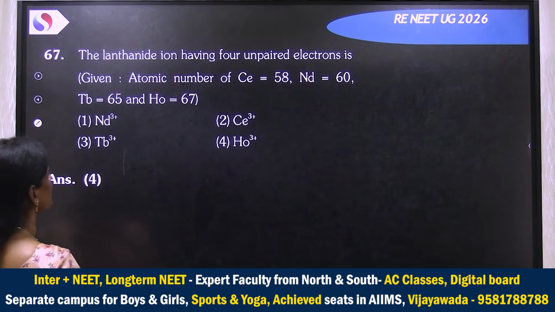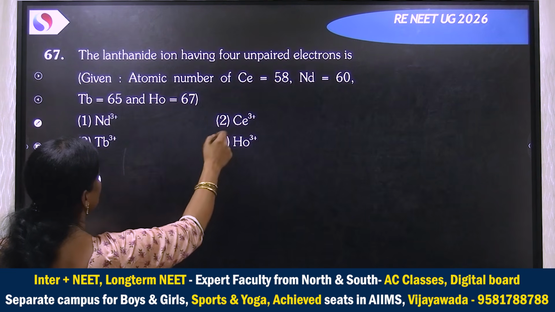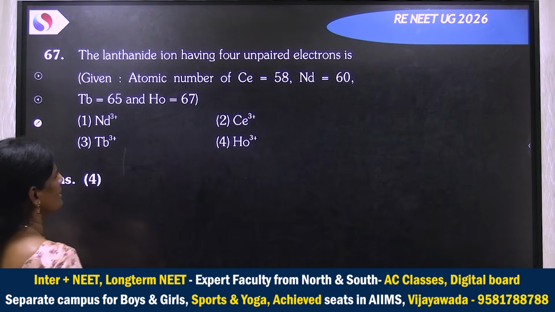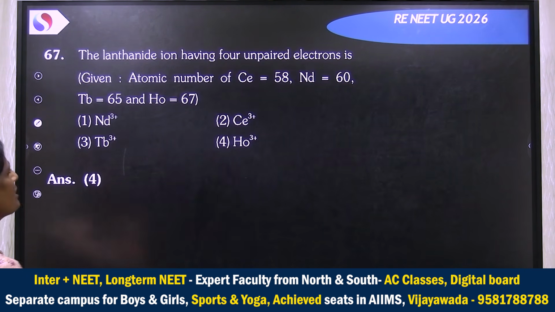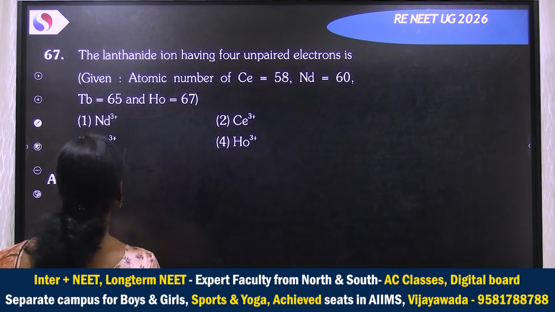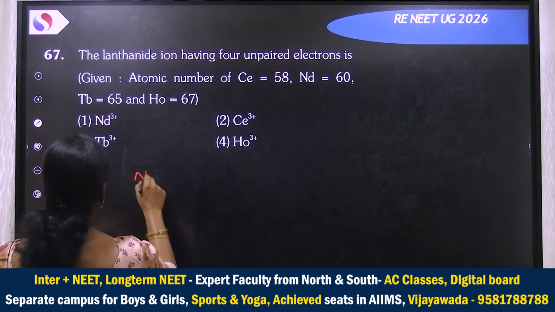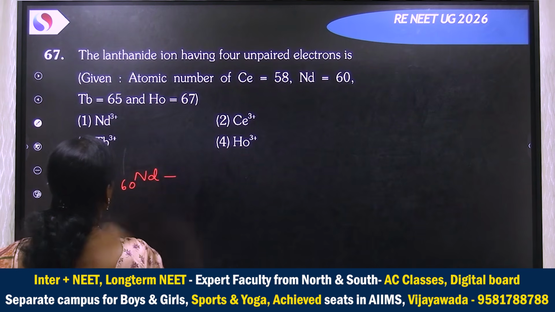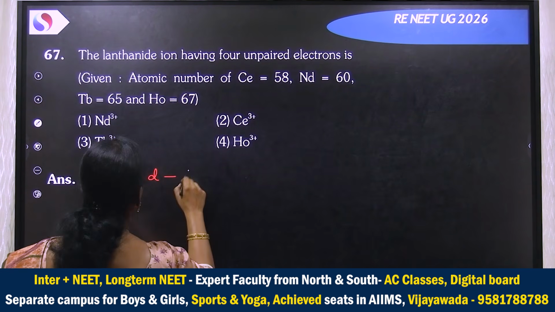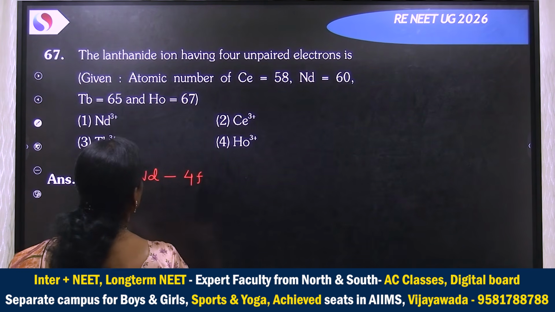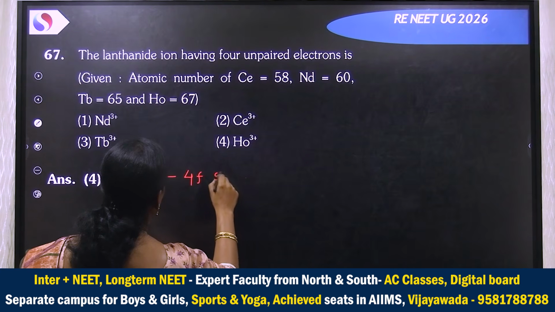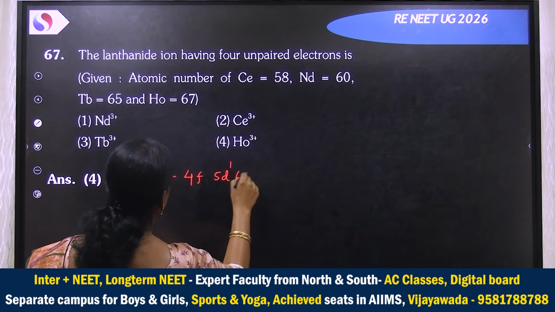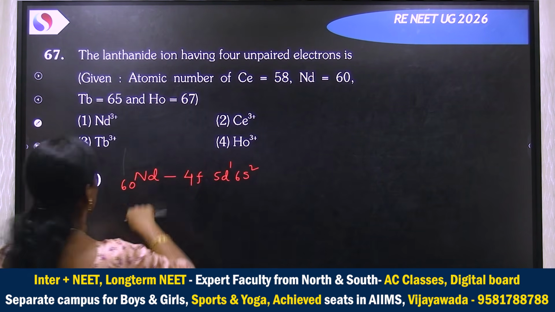Atomic number 60. So the first element in the lanthanide series is cerium. After cerium, next praseodymium, next comes neodymium. So neodymium, atomic number 60, configuration is 5d1 6s2 common for this element.